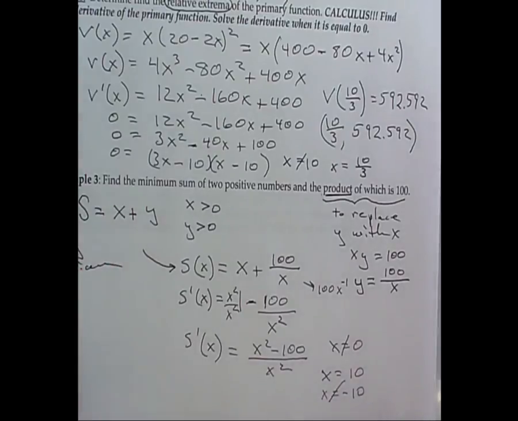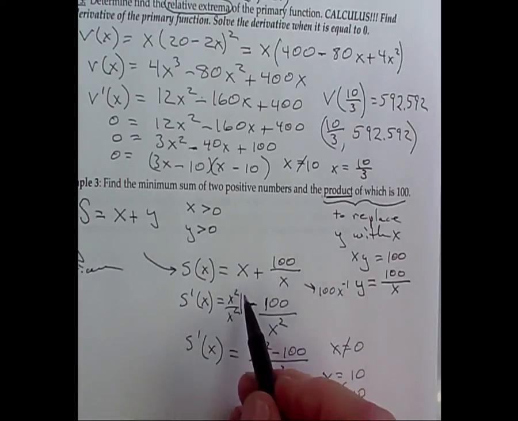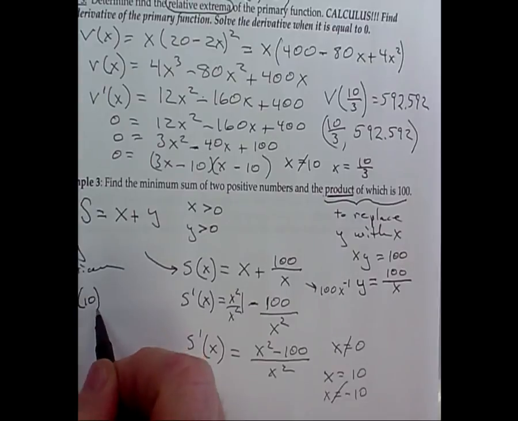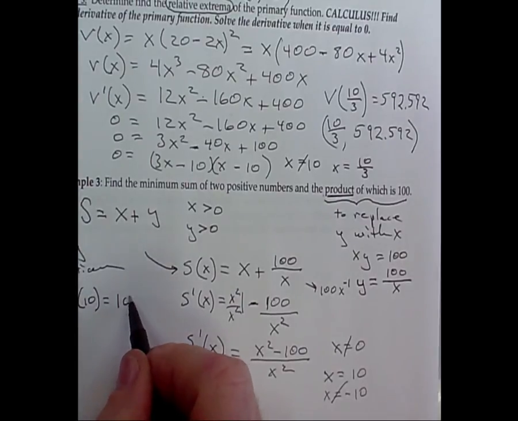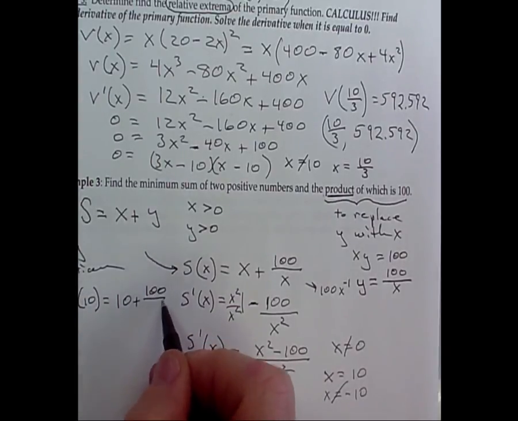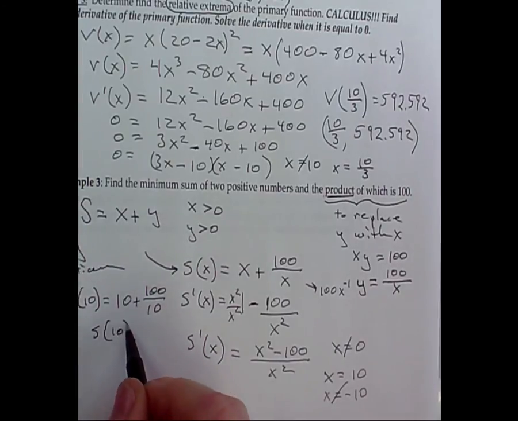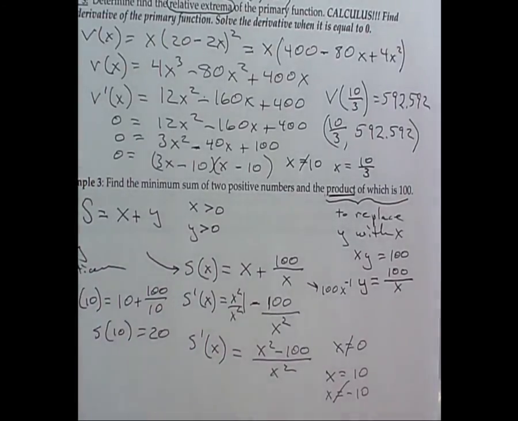And then you plug the 10 into the y formula, so y is equal to 10. So S of 10 is going to be 10 plus 100 over 10. Is that what you're saying? So my smallest sum I can get is 20.